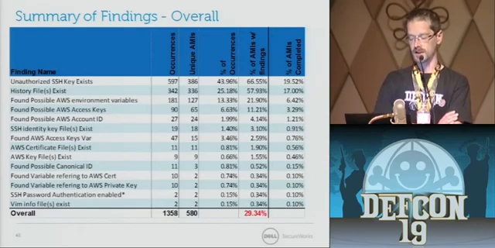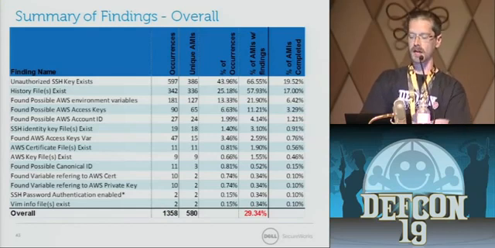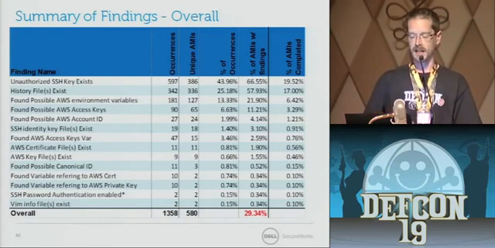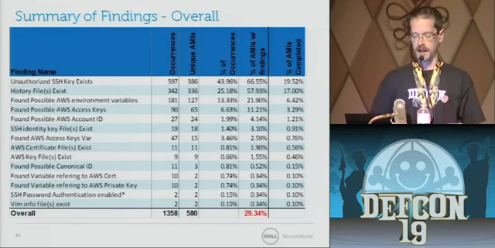Or I'm sorry, okay, so that's the percentage of all AMIs with findings. So if we take the number of images that had unauthorized SSH keys as the numerator, and the number of images that had some problem that we discovered as the denominator, that's what that percentage represents.